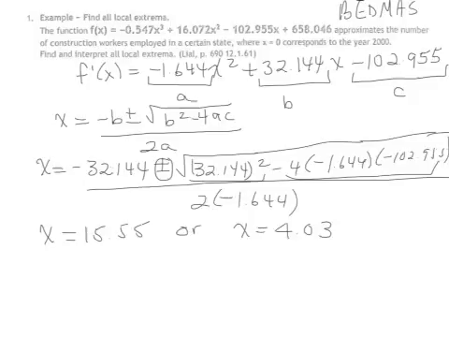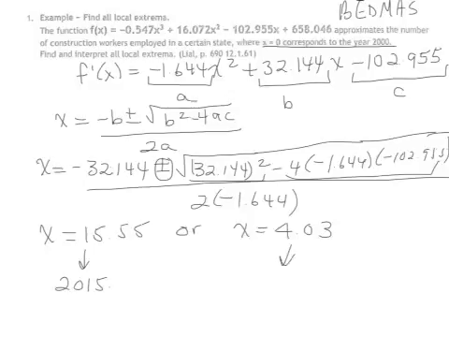Okay, so what exactly does that mean? We have some numbers. We seem to have arrived at them through some legitimate math process, but what do they mean? Okay, so it means that x equals 0 corresponds to 2000. So when x is 15.55, that corresponds to the year 2015, and a little over half of that, 0.55.